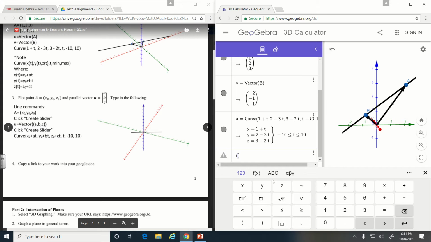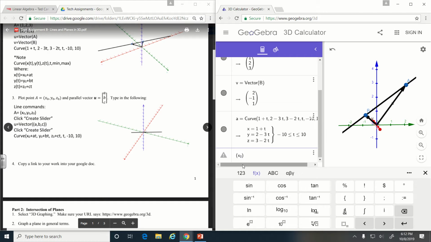Now, we need subscript, so that's when you got to kind of get creative here. If you scroll around through all the different options here, under f of x, you could see one that looks like a value with a subscript. So you would just type in the x and then the 0.